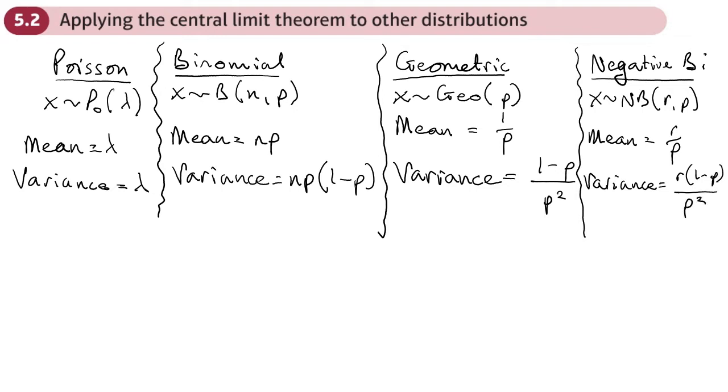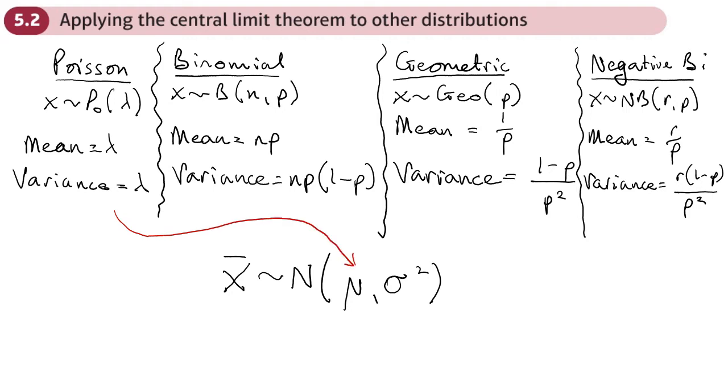And for all of these distributions, if n is sufficiently large, the sample mean will be normally distributed like this. We're going to use the various means and variances that we get from each one of these distributions, and then we can put them in here.